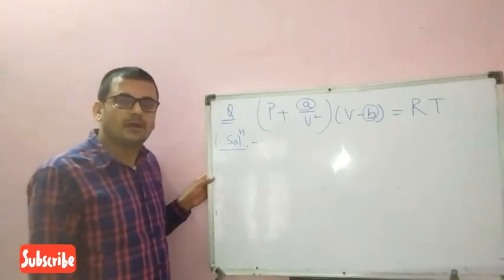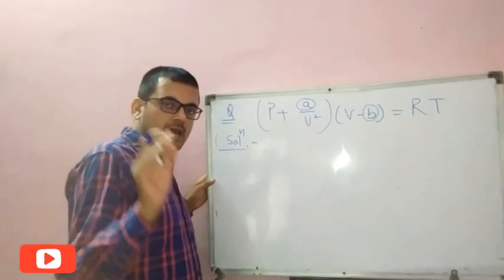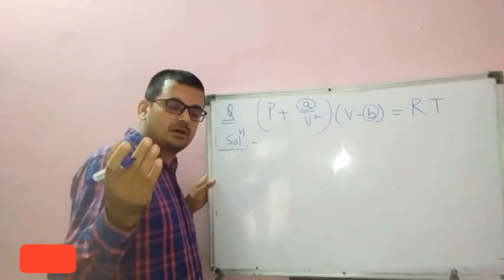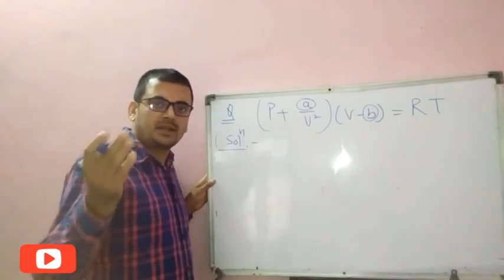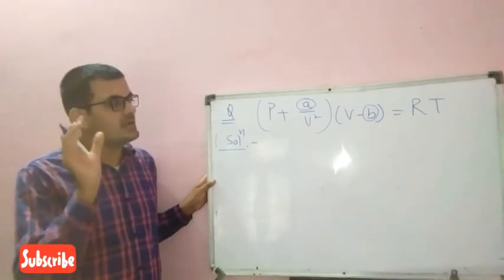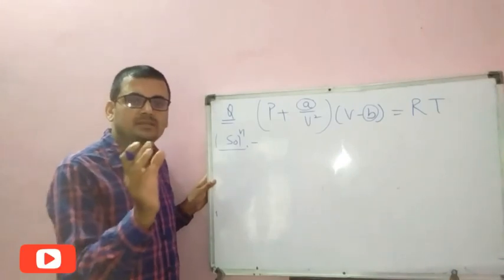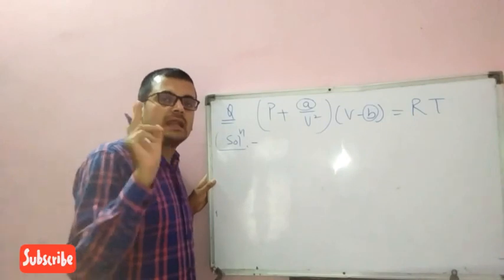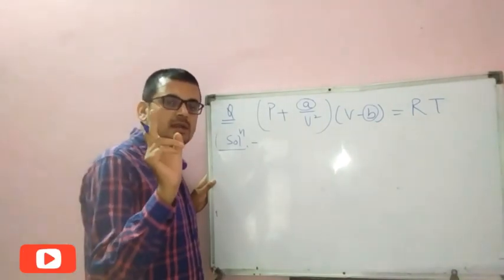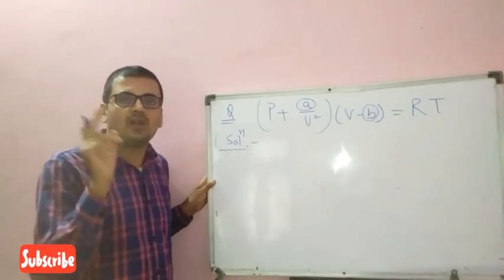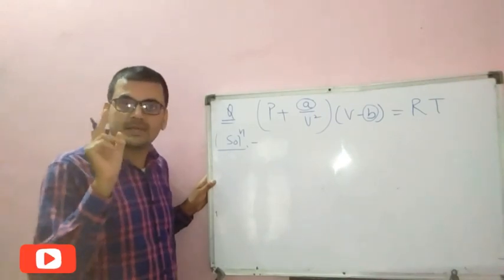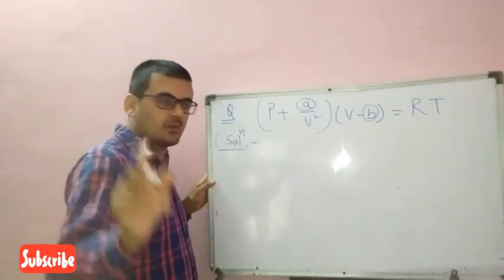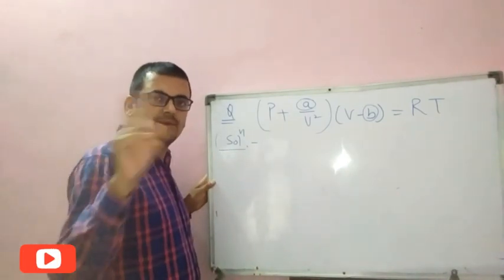Students, as per the principle of homogeneity, what does it state? It states that in any physical equation, the dimension of both sides must be the same, and if any equation consists of more than one term, then the dimension of each and every term must be the same.